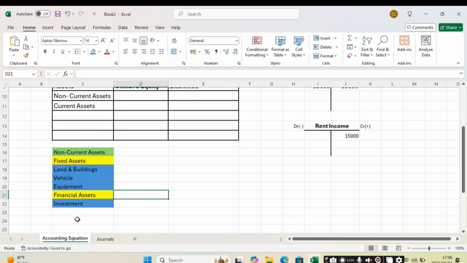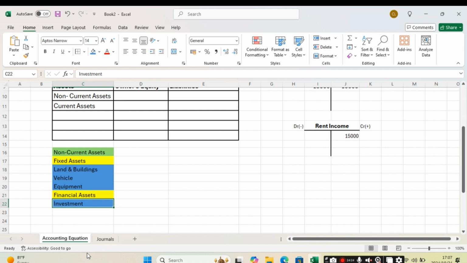Financial assets are our investments. Investments being what? Our fixed deposits, not the interest on fixed deposits, our fixed deposits. Say, for example, we go and invest money with ABSA or any other bank, or we invest with any business. Say we invest 50,000 with ABSA, so that 50,000 will be indicated under our investments.